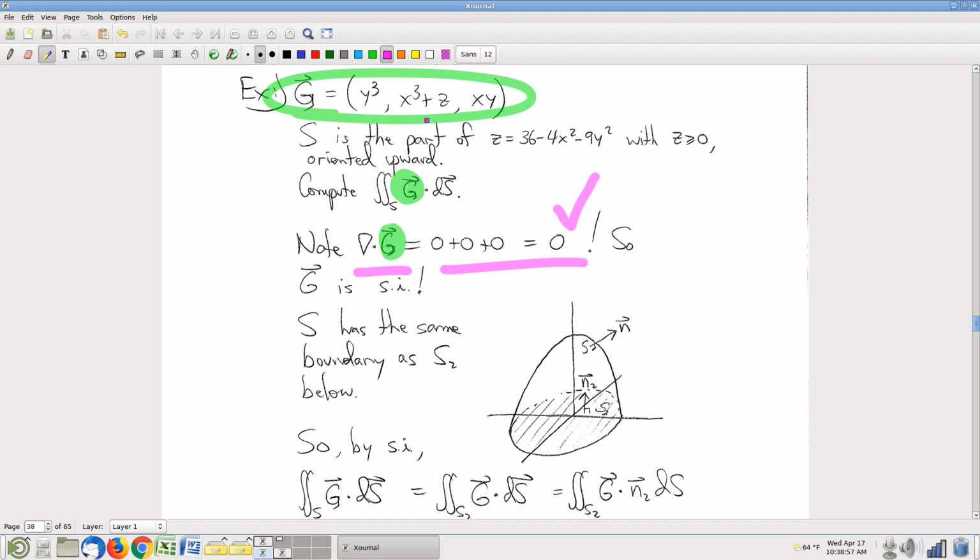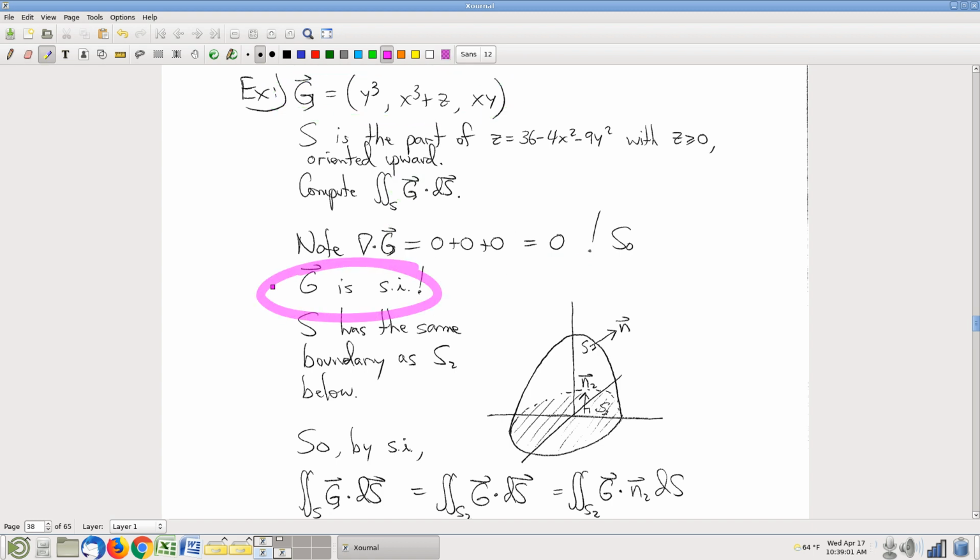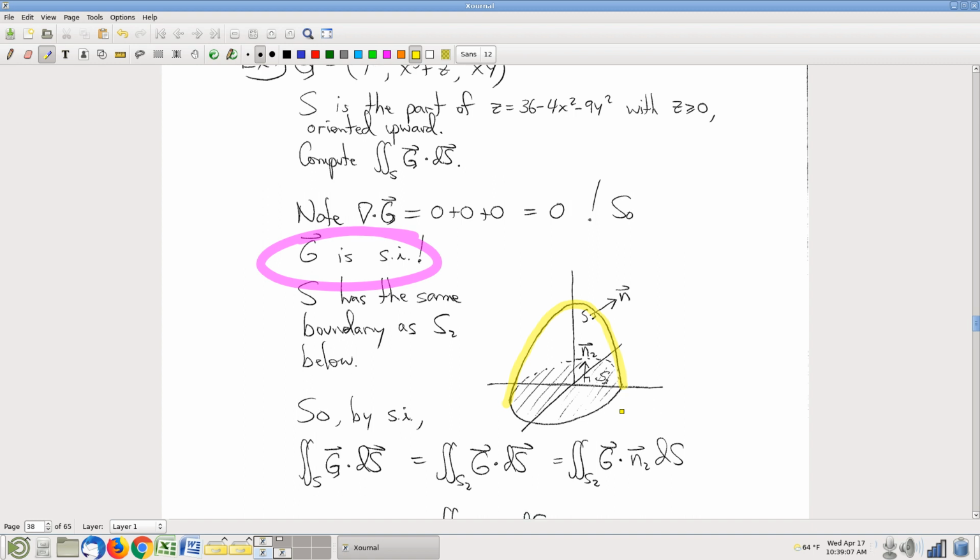Knowing that it's surface independent, I get to make the following wonderful choice. I get to take that surface we were given, which I don't like because it's curved and awkward, and say, phooey on that, I like this surface here better.